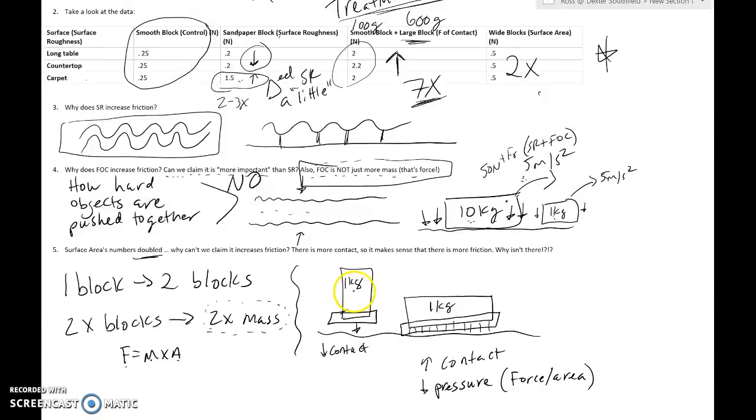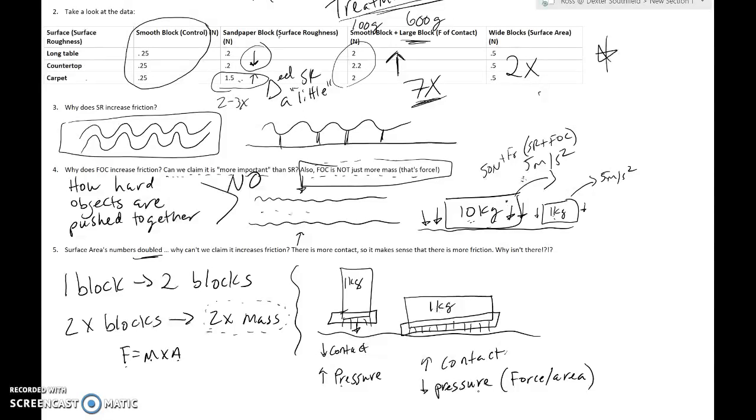Whereas this 1 kilogram object has fewer points of contact, there's more pressure on each of those points of contact. So there's a trade-off here. If you decrease your points of contact, you're increasing your pressure. Here you increase your contact but decrease your pressure, and therefore friction stays the same.